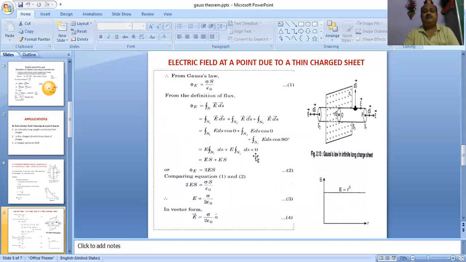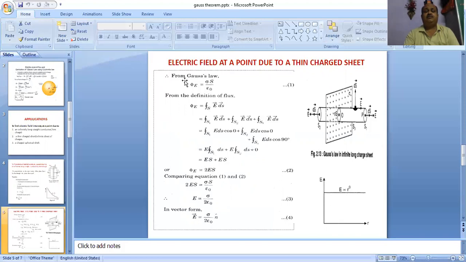For the curved surface, electric flux is 0 as theta is 90 degrees, and for plane faces, theta is 0 degrees. So it gives ES plus ES equals 2ES. This is the total electric flux passing through the Gaussian surface.